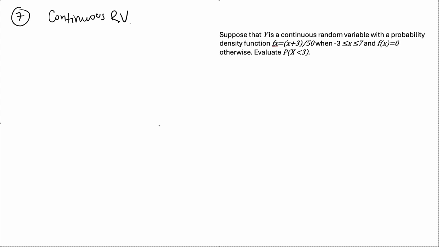So continuous random variables, let me just find it here because I had this recap before. What happens is the PDF cannot be listed. It cannot be a list. So it is a graph. It has to be a graph. So the continuous random variable PDF is inherited from the histogram.